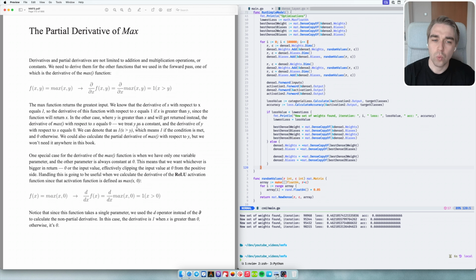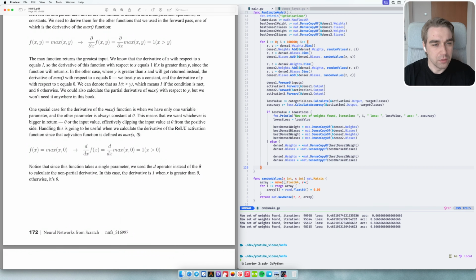We treat y as a constant and the derivative of y with respect to x equals 0. So we can denote that as 1 multiplied by (x greater than y), which means that the result is 1 if the condition is met, otherwise 0. So in case x is greater than y, we return 1, otherwise 0. We could also calculate the partial derivative of max with respect to y, but we won't need it anywhere in this book.